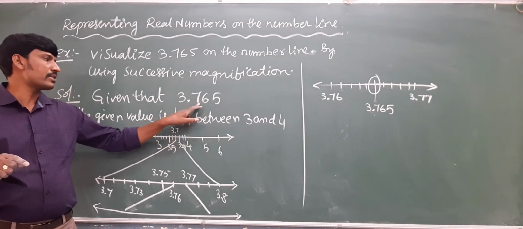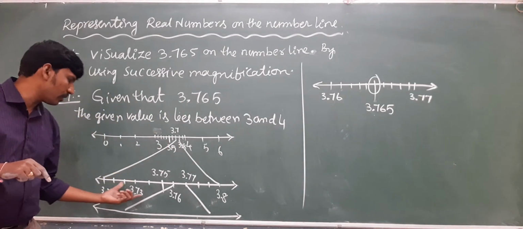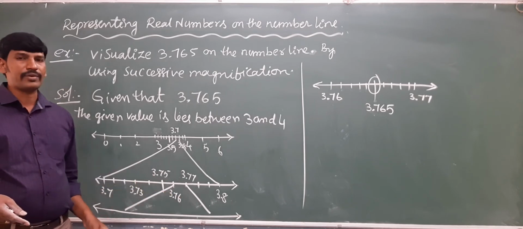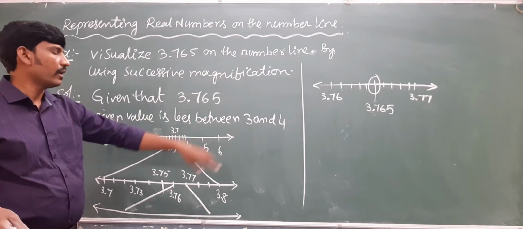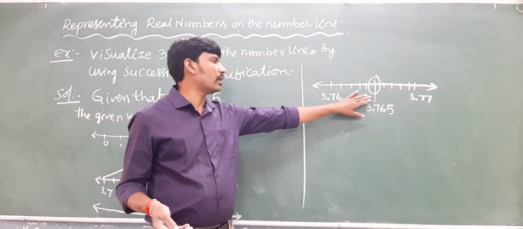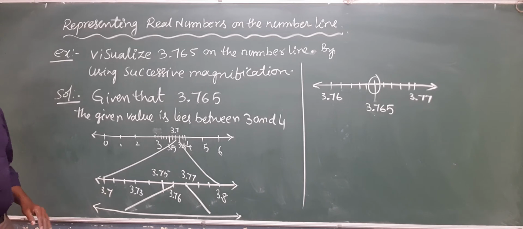Clear? 3.765 lies between 3.7 and 3.8. So take those two values on the number line, separate it. Again you should write 3.76 and 3.77. Again you should take 3.76 and 3.77 on the number line and represent 3.765 on this. Clear? This is 3.765. Did you understand here, my dears?